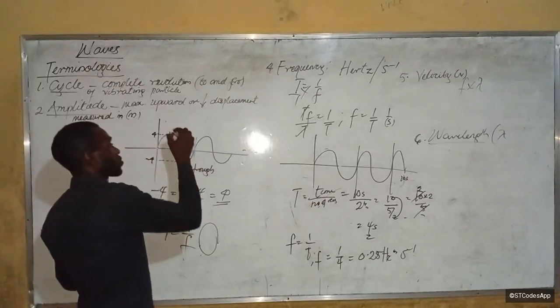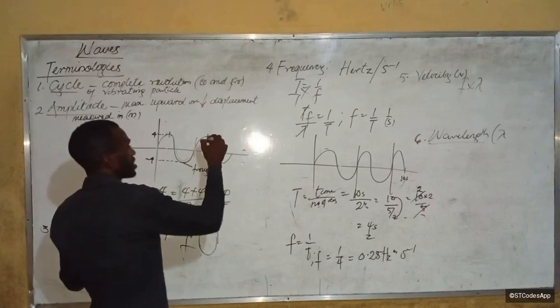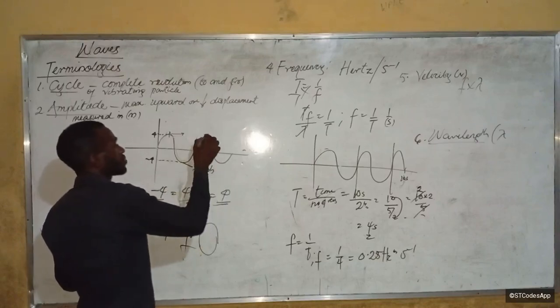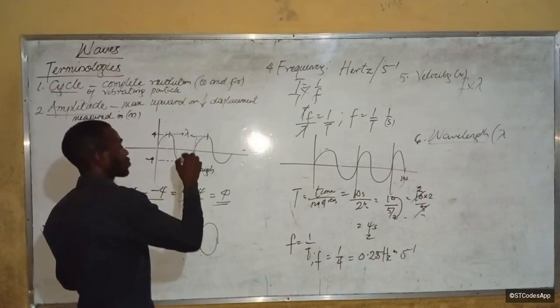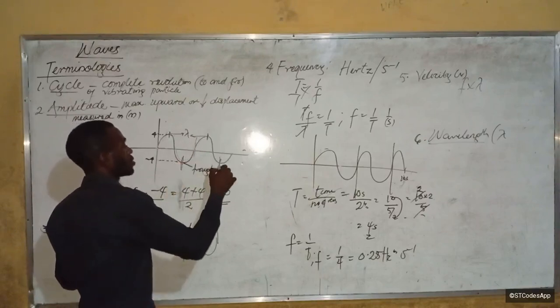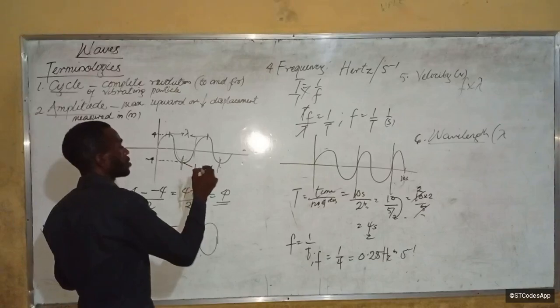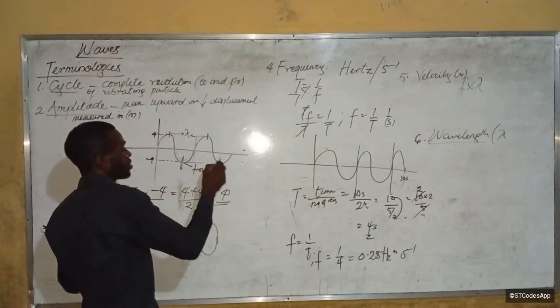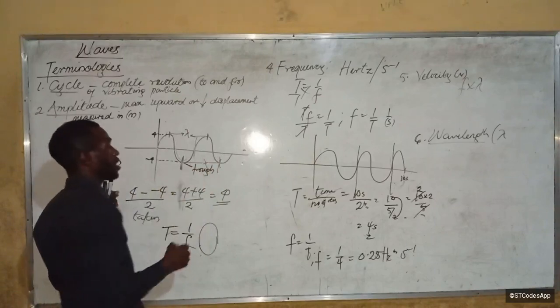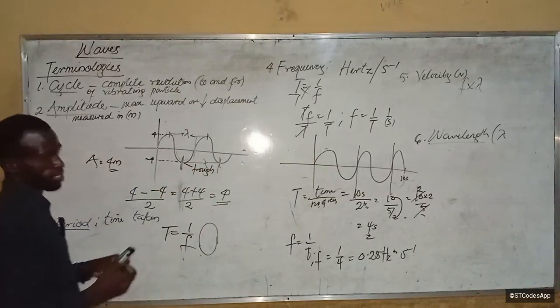This is the first crest. Where is the second crest? Here, right? The distance between them is called lambda. If it's troughs too, the distance between two successive troughs is also lambda. Do you get it?